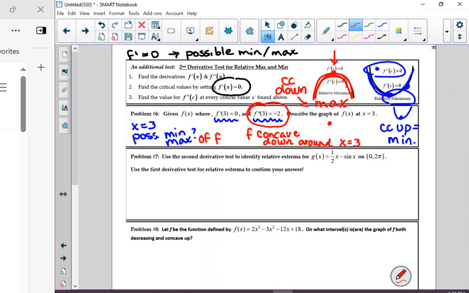So if you have a point at x equals 3 and you're concave down around it, and that point has the potential to be a min or a max, put all those pieces together, and I know that f has a relative max at x equals 3.